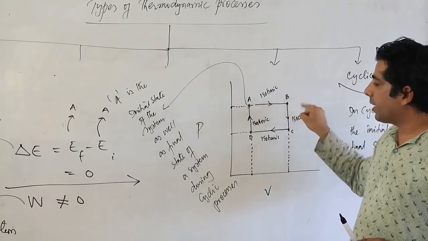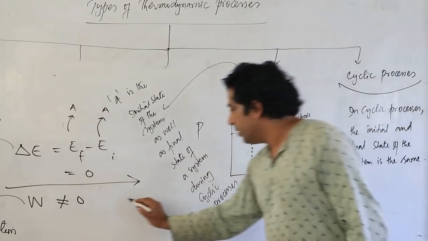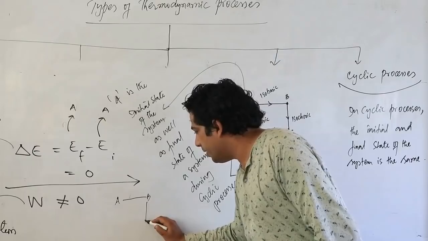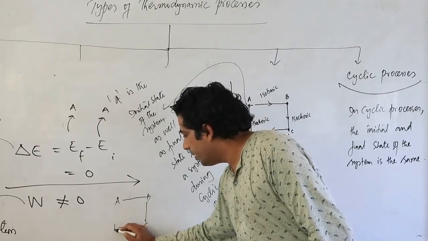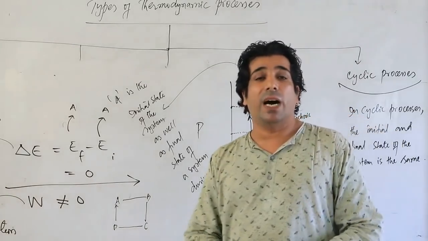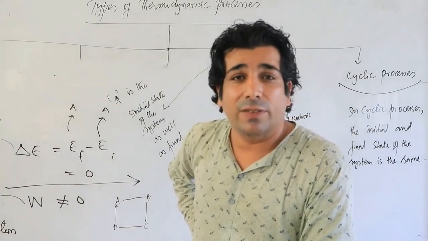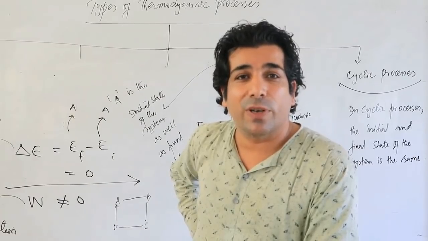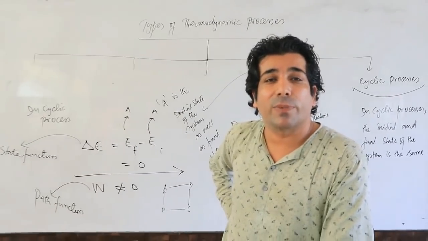So what is the path covered by the process? It covers a path from A to B, then B to C, then C to D, and finally from D to A. That means some path is covered there, and the work does not depend upon the final minus initial. It depends upon the path covered by the process.